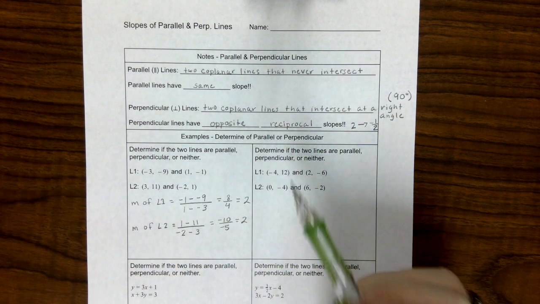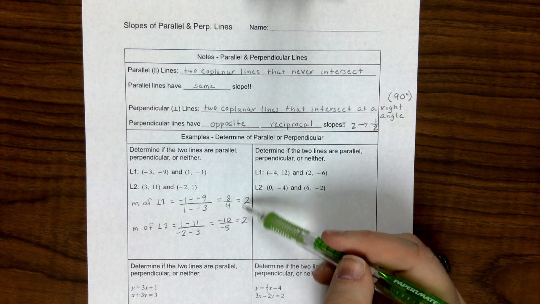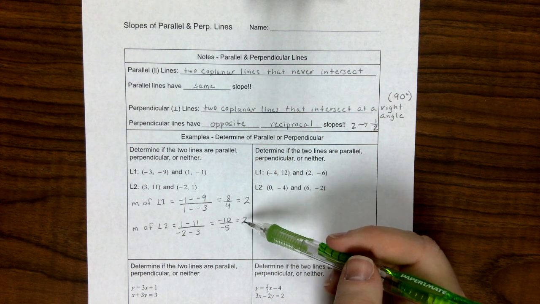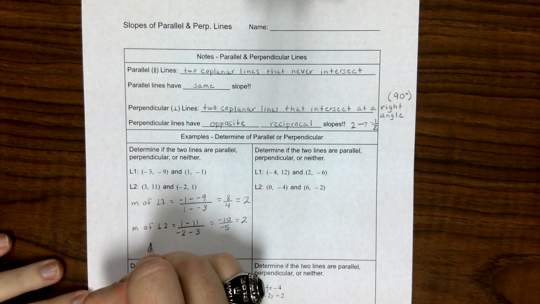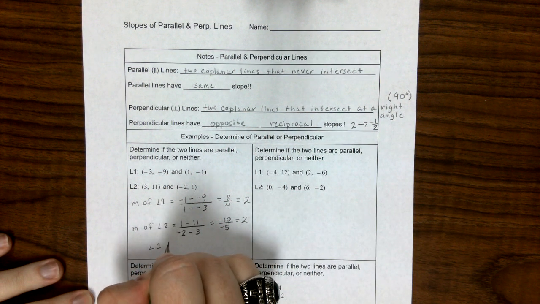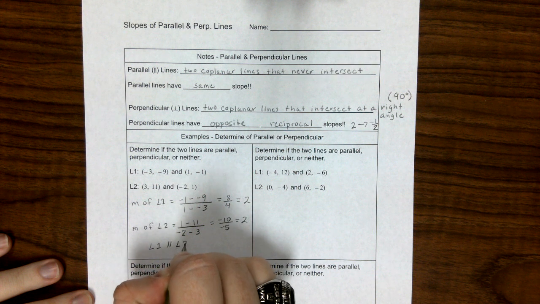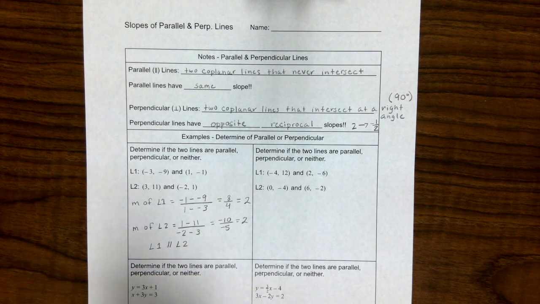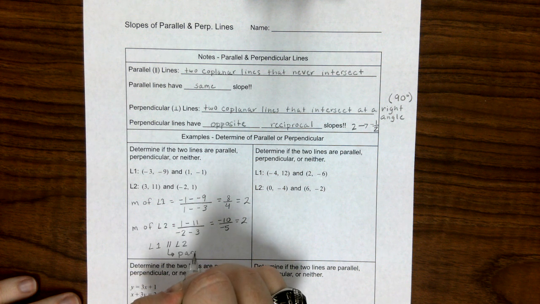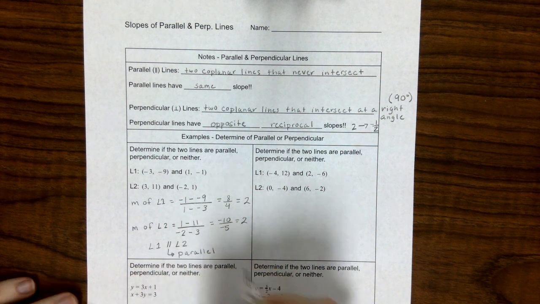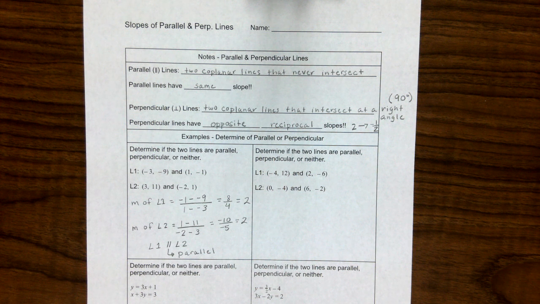Once you have the slopes, then you just compare. Are they the same or are they opposite reciprocal? These are exactly the same, and so we say that line 1 is parallel to line 2. I use the symbol to actually say it, but on your homework, I think you just pick the word parallel. You don't have to do that writing part.